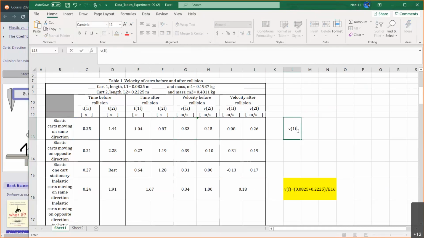v1i. v2i, and it's the same thing. I'm going to add only these two. v1f.